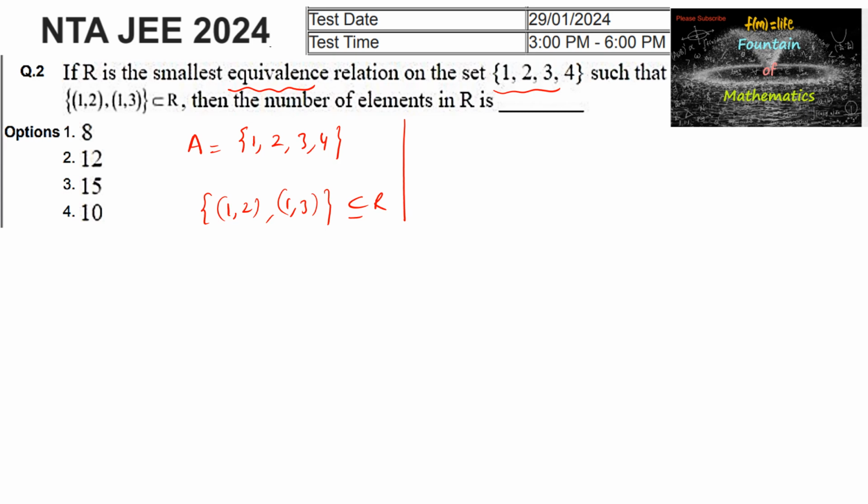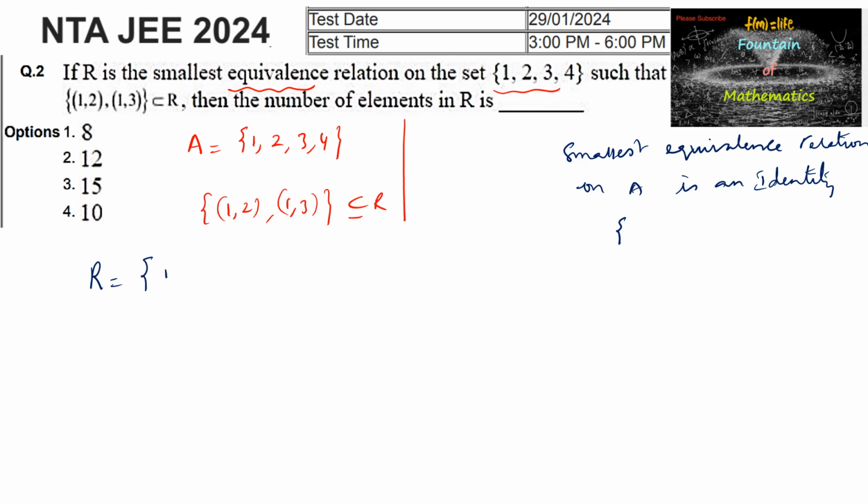So as per the condition, we know that the smallest equivalence relation defined on set A can be taken as an identity relation, which must be containing (1, 1), (2, 2), (3, 3) and (4, 4).